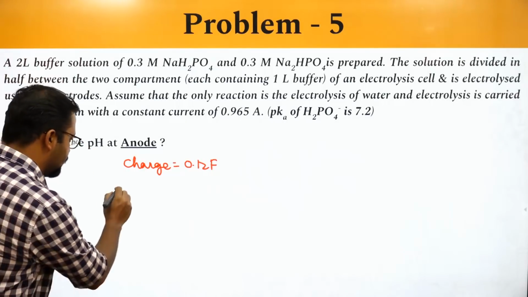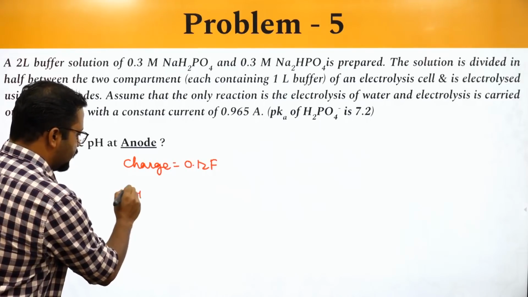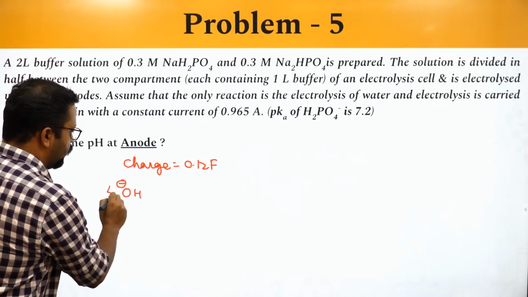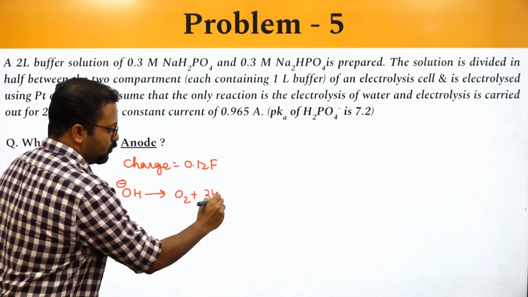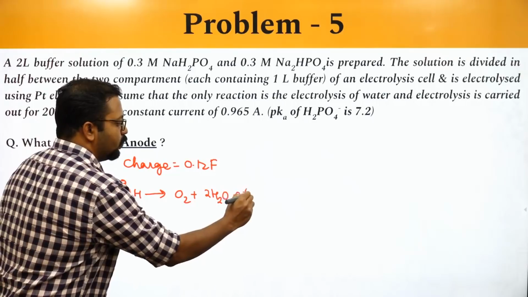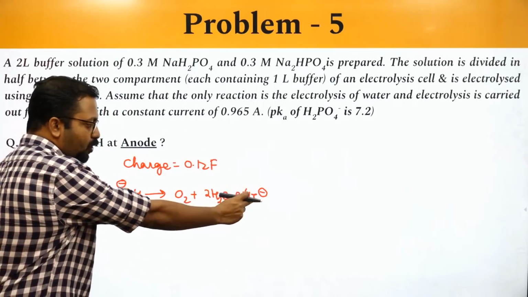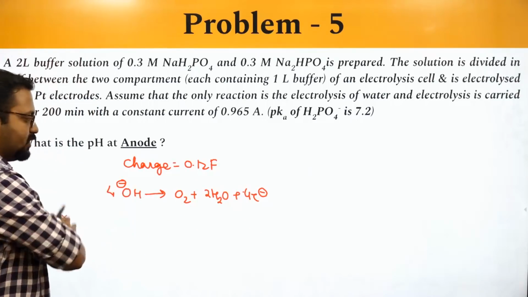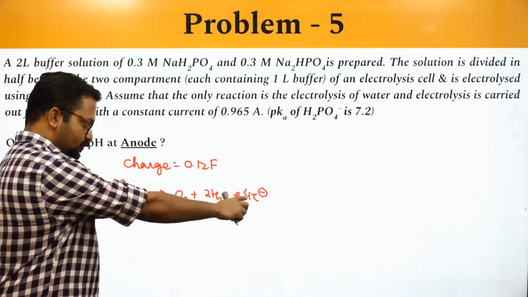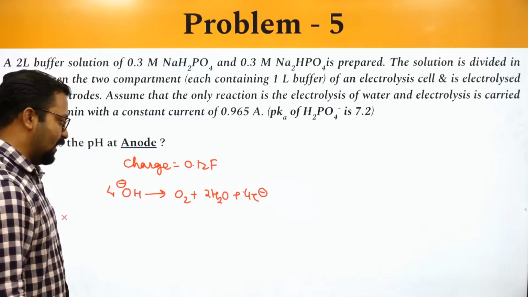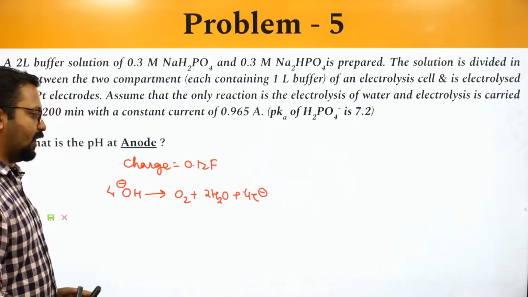Now next I need to know what is the reaction which is occurring. What is the reaction? The reaction is this: 4OH minus changes to O2 plus 2H2O plus 4 electrons. So can we say that 4 moles of OH minus is being utilized by using 4 moles of electrons, or 4 moles of OH minus is giving out 4 moles of electrons.